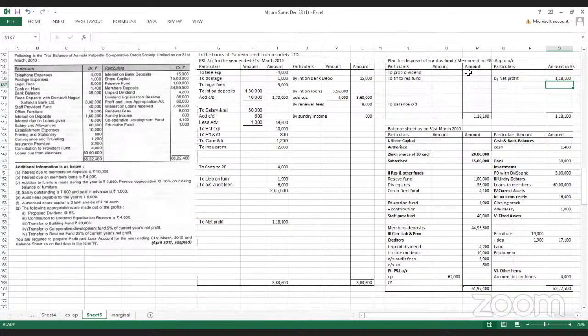Now proposed dividend is there. It is 5% of this. So plus this figure into 0.05. Okay, so 5905. Next is contribution to dividend equalization fund.